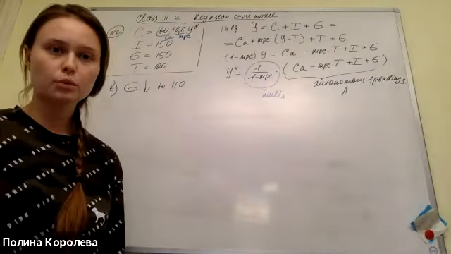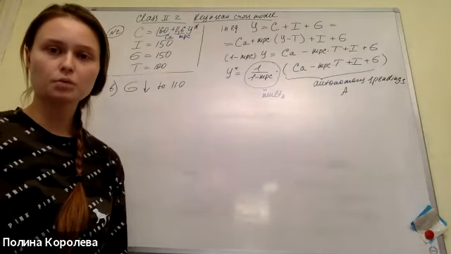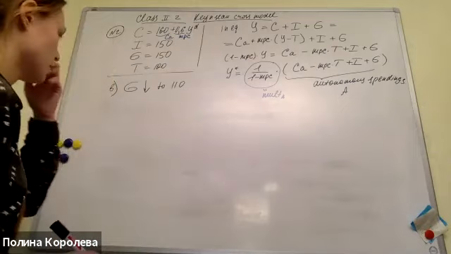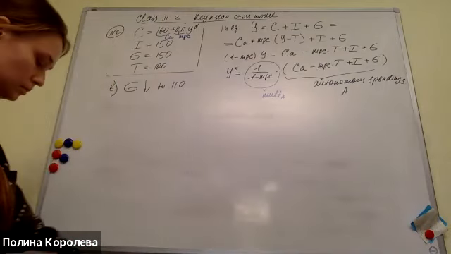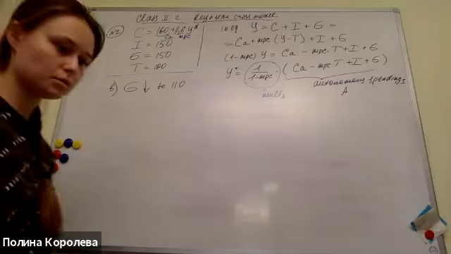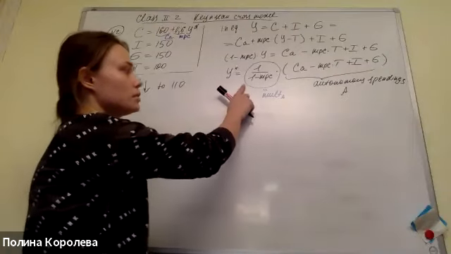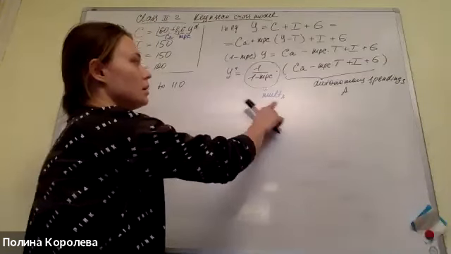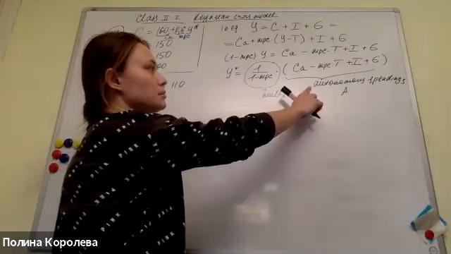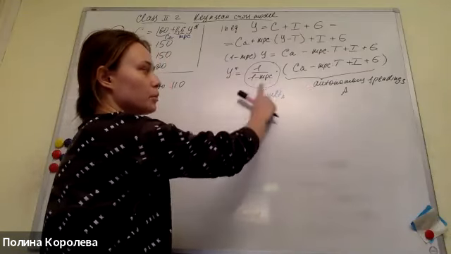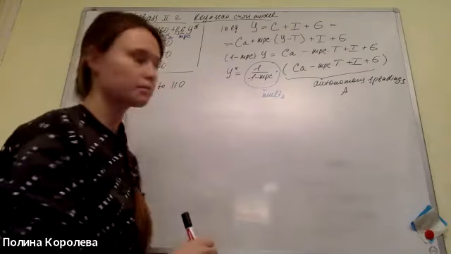There is a long way to solve it, one more time how we did it in point A. And there is a fast way, and I will show you for you to understand how this multiplier will work. So one more time, the definition of multiplier: if we increase autonomous spendings by 1, GDP will increase by this multiplier.